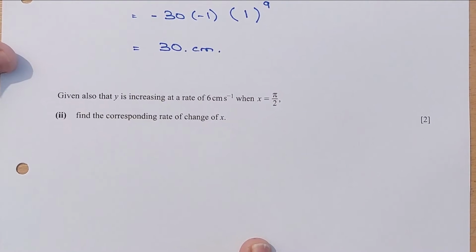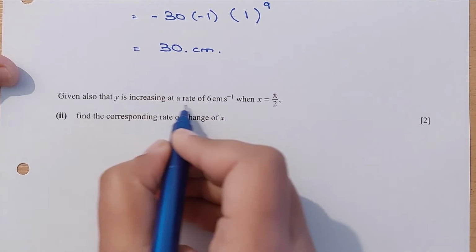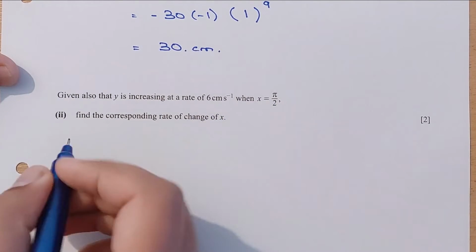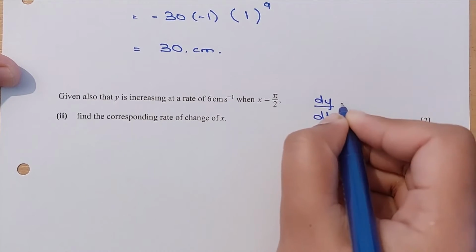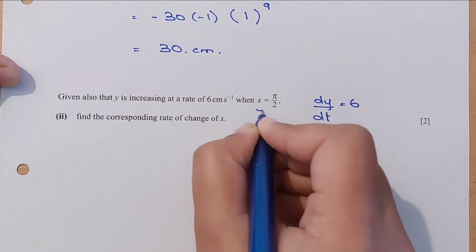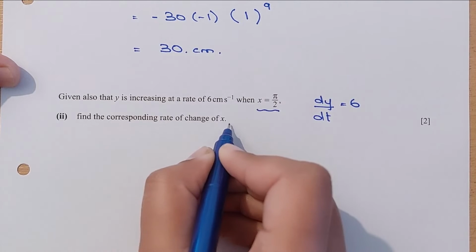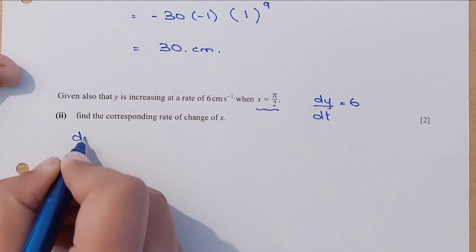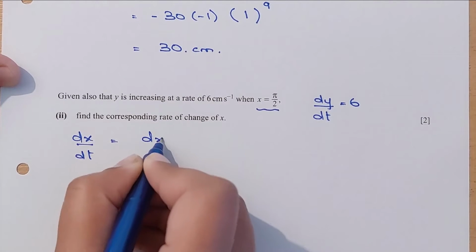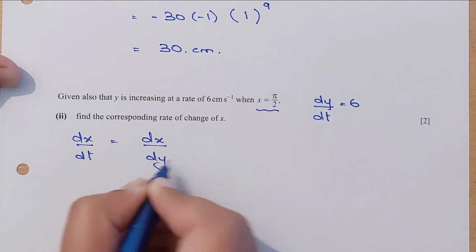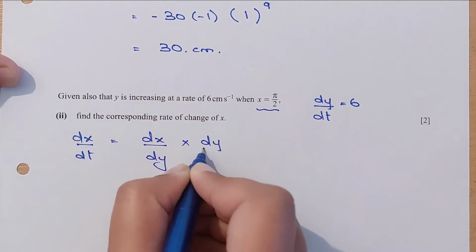Now for the second part, given also that y is increasing at a rate of 6 centimeters per second, so we have dy over dt equals 6. When x is pi by 2, find the corresponding rate of change of x. We have to find dx over dt. So apply the chain rule: dx over dy times dy over dt.